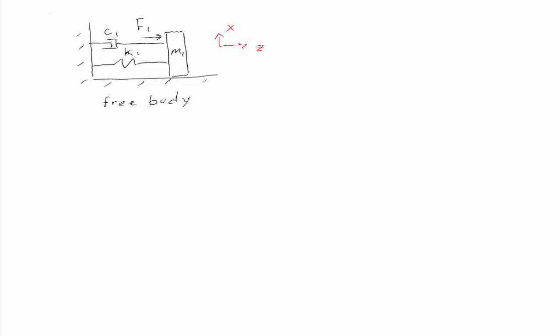Now we'll make a free body diagram, so we'll just extract that mass from the connections with the spring and the damper, and then apply all the external forces to it. And let's define the variable of motion of that mass. We'll call it Z1 from the equilibrium configuration or the unstretched spring configuration.